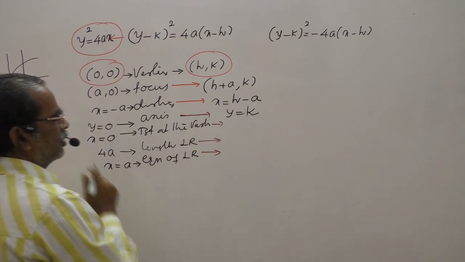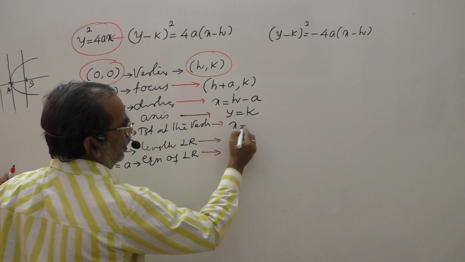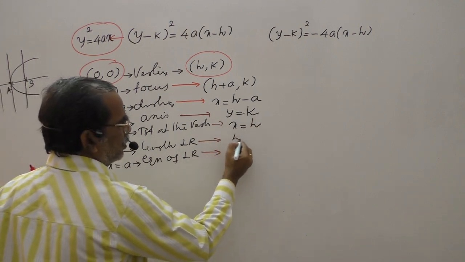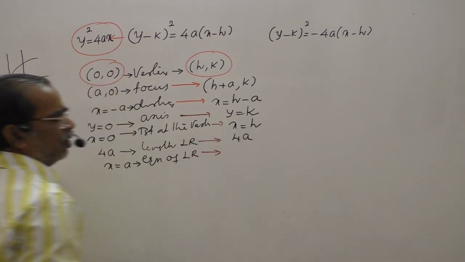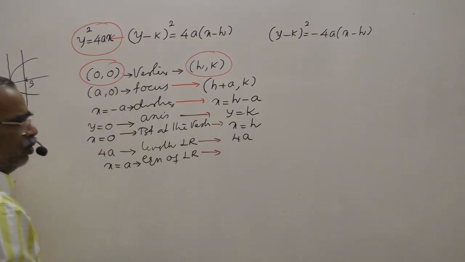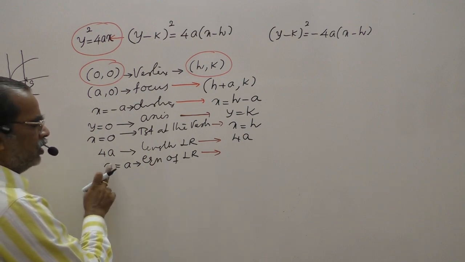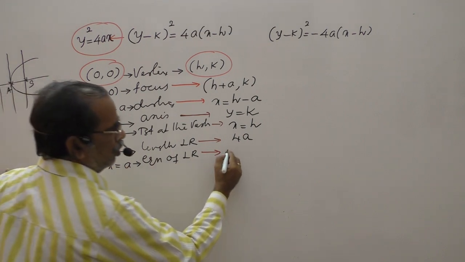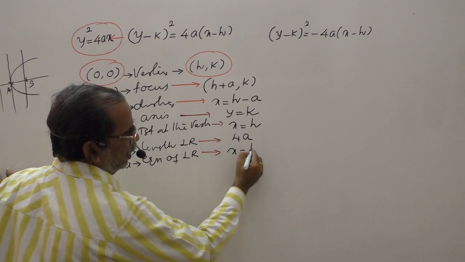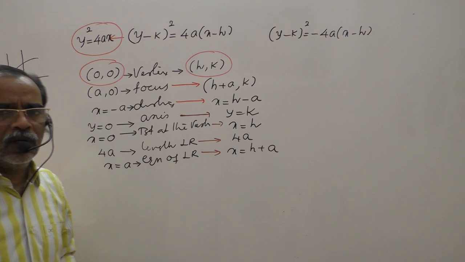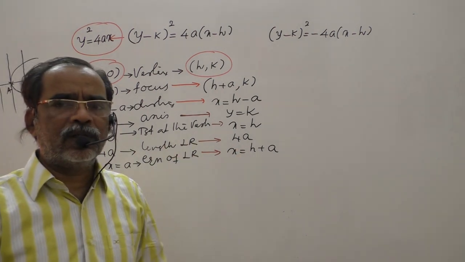Tangent at the vertex is x equal to 0; you increase by h. The length of the latus rectum is always fixed, constant for all the parabolas, 4a only. What is the equation of the latus rectum for this? X equal to a. So x related things should be increased by h. Therefore this is x equal to h plus a.